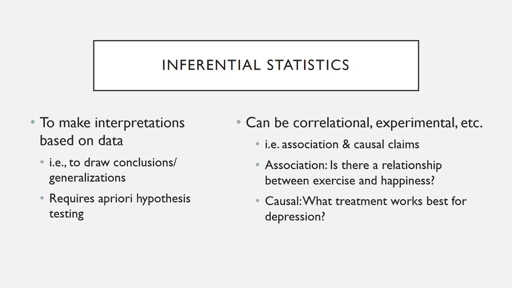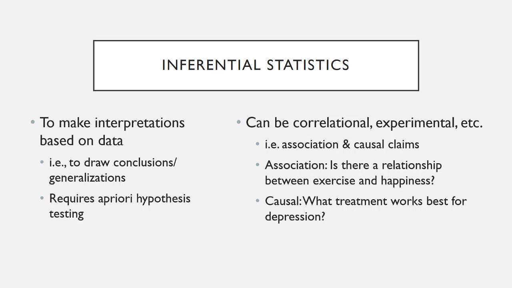Again, I encourage you, if you ever are reading about research, or if you're reading a research question or a research design or some results, think about how the language that you read reflects different sorts of claims and different sorts of analyses, right? So if the research question is if there's a relationship between exercise and happiness, that sounds like it's going to be more correlational.